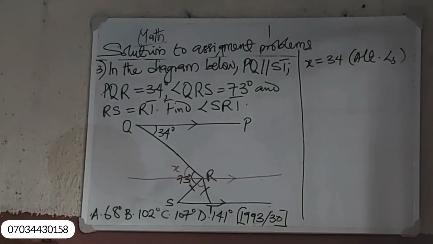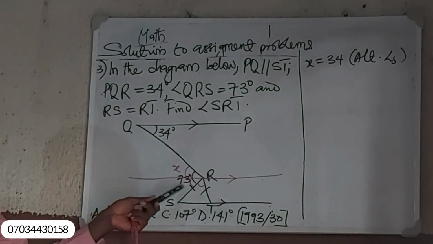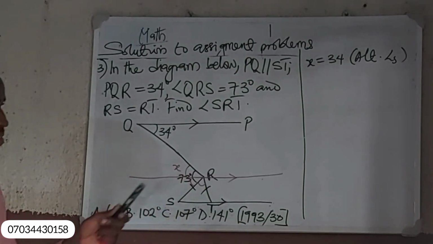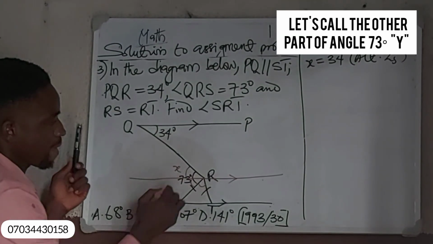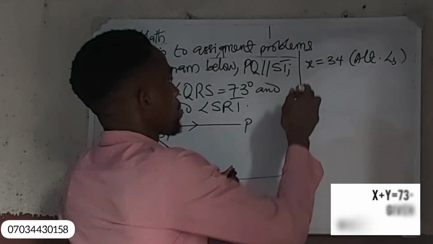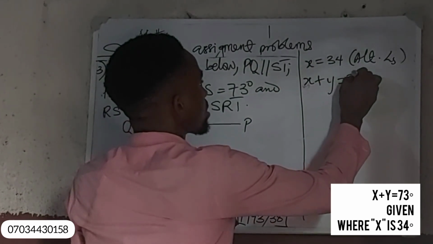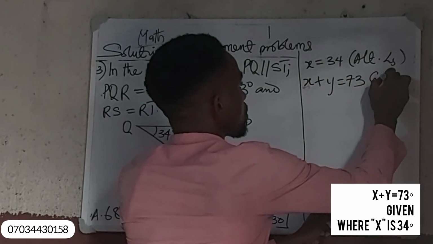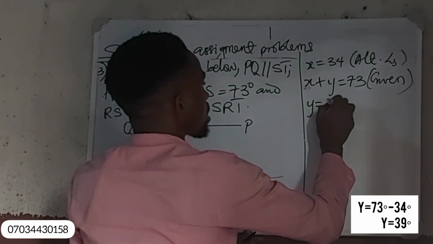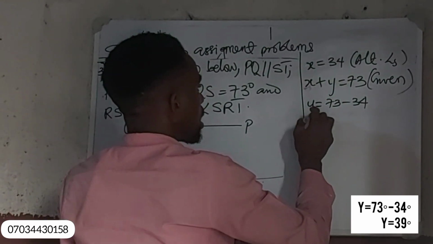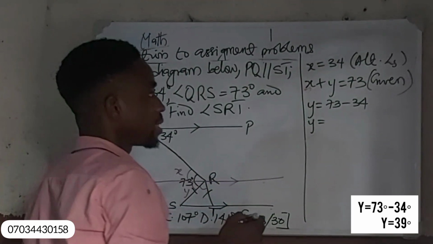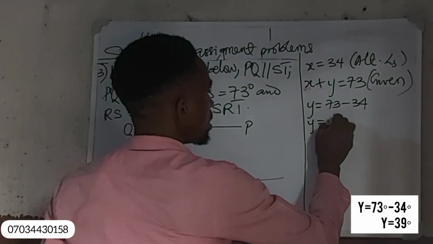And what is left here, I can call this y and say that x plus y is 73. That is given. And so y is 73 minus 34, and y should be 39, right?